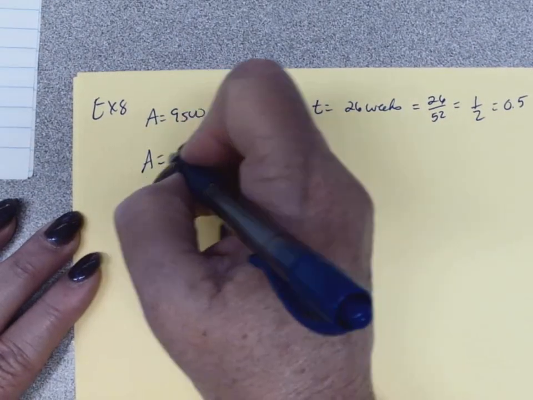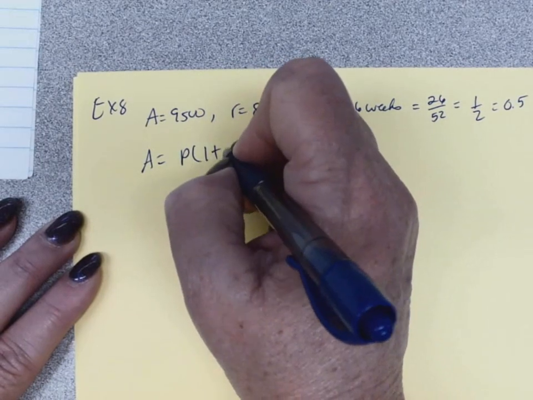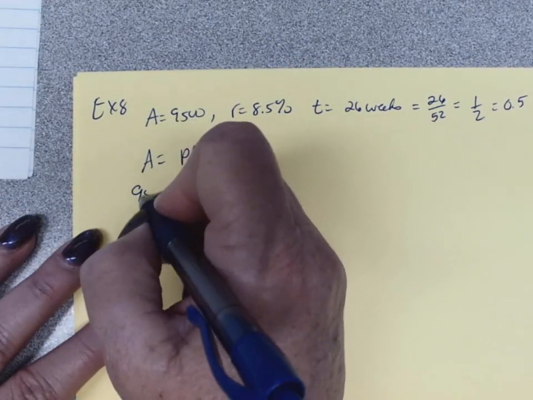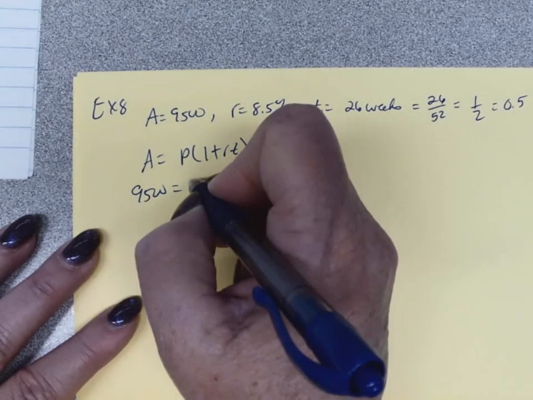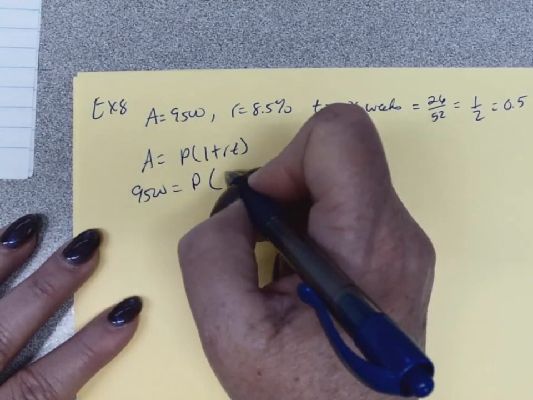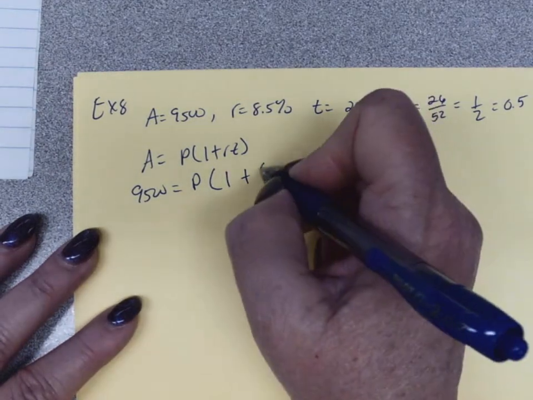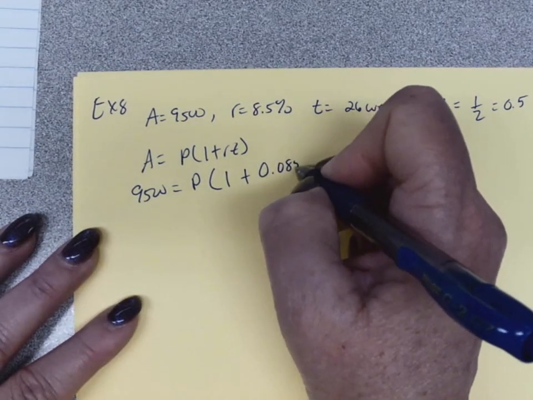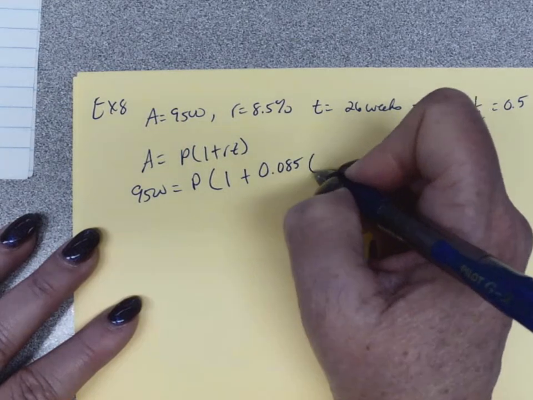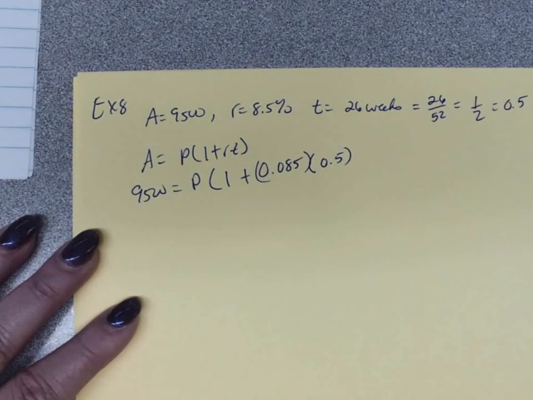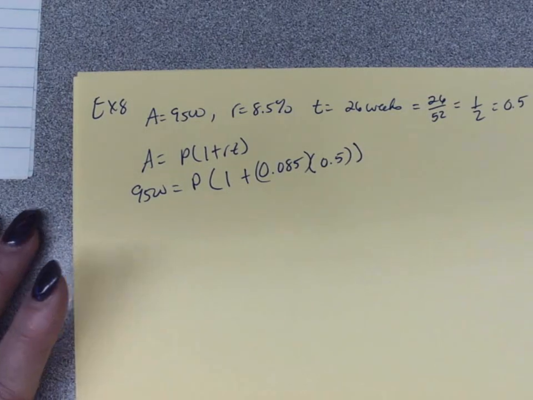All right, so A equals P times 1 plus RT. So our A is 9,500. Looking for the principal. 1 plus our rate as a decimal, so 0.085 times 0.5. I'm going to put both of those in parentheses so it's very clear that they're going to be multiplied.